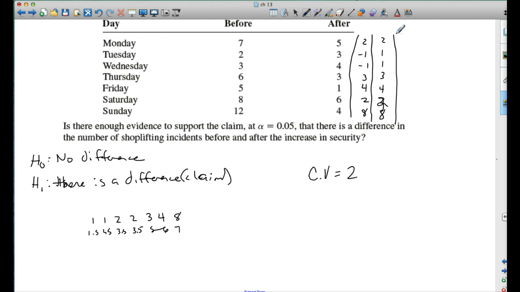So the 2 would go with the 3.5. The 1s here would be 1.5 and 1.5. Then the 3 would be a 5, 4 would be 6, a 2 would be 3.5, and 8 would be 7.